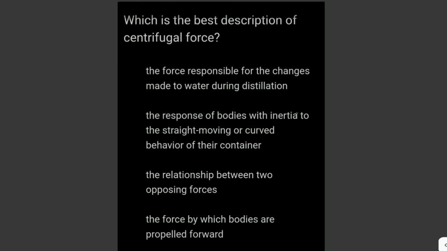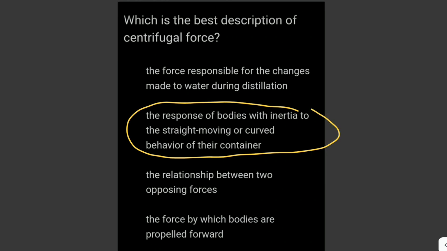The answer here is this one: the response of bodies with inertia to the straight moving or curved behavior of their container. So what is a centrifugal force? The centrifugal force is an apparent force caused by inertia on an object moving in a circular path, and this force points radially away from the center of the circle.